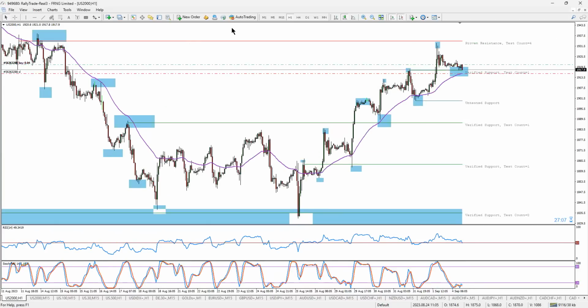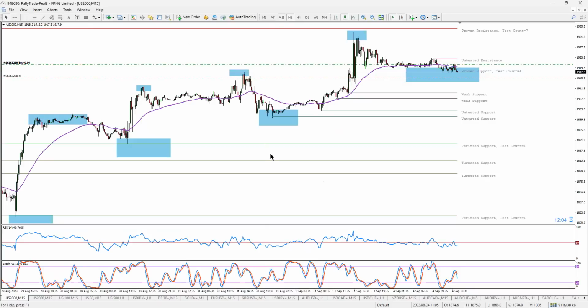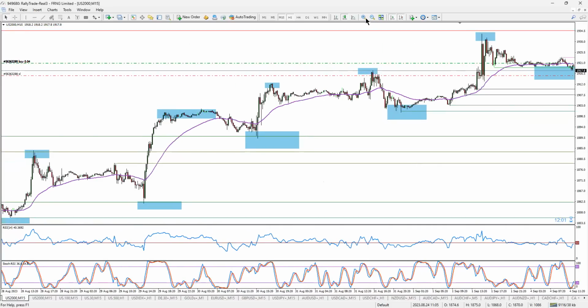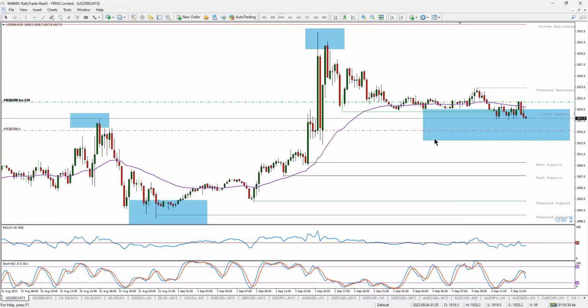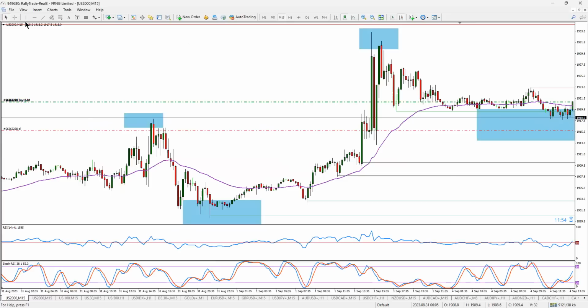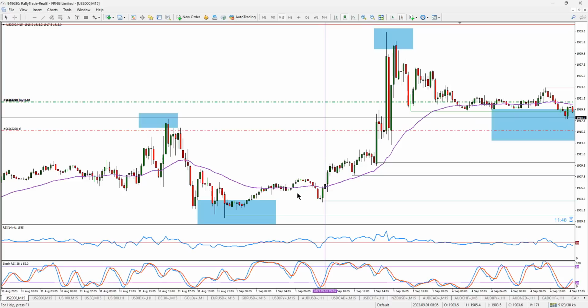Like if I go on 15 minutes now, look at something like this. Can you see? Yes, I can. RSI, moving average. Sorry, the candle has closed above the moving average. Number one.